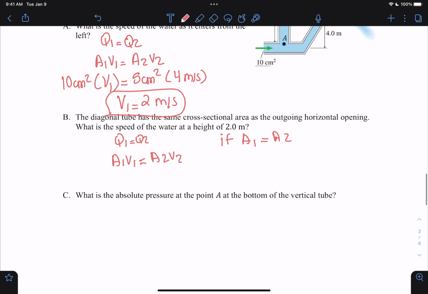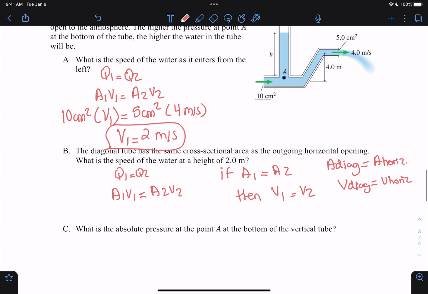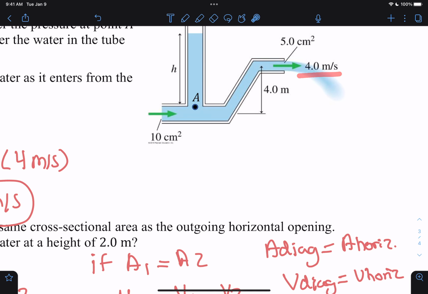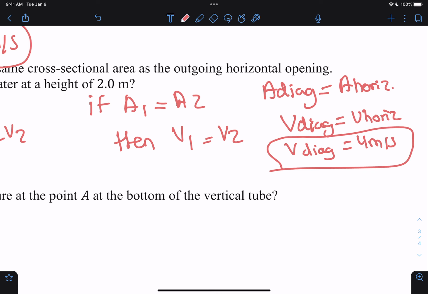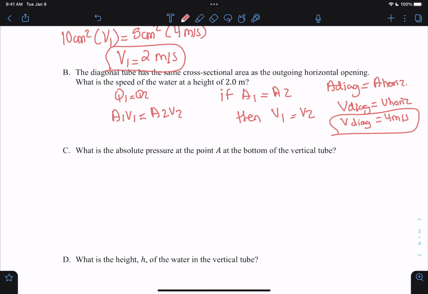Then V1 is equal to V2, so V diagonal has to equal V horizontal. And V horizontal already is given to us, right? They said it was 4 meters per second. So V diagonal is equal to 4 meters per second. So excellent job, Matthew. So that's B. Does that make sense for everyone?